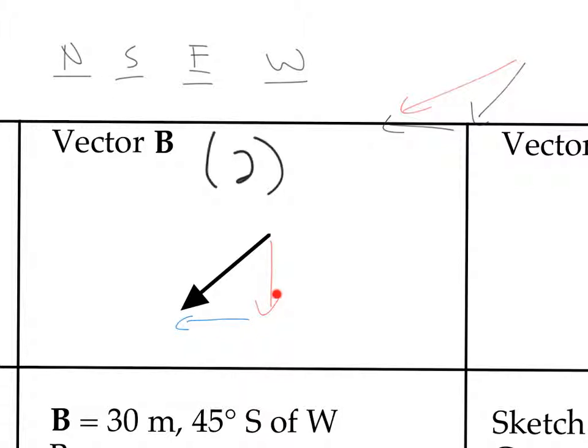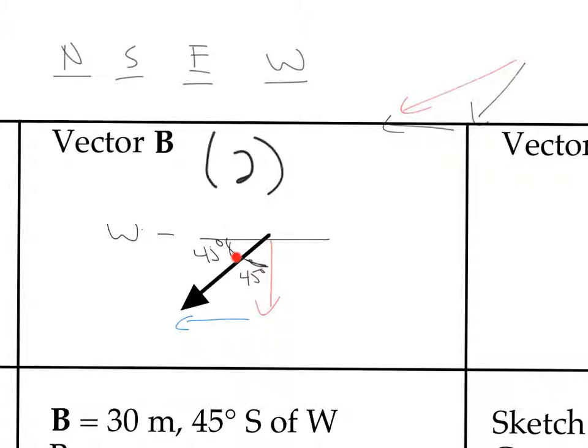These are our two components, and this is 45 degrees south of west, which means right here is west, so that means this angle is 45 degrees. Well, if that angle is 45 degrees, then this angle has to be 45 degrees. Remember, this makes a 90-degree angle, so these two angles have to add up to 90.